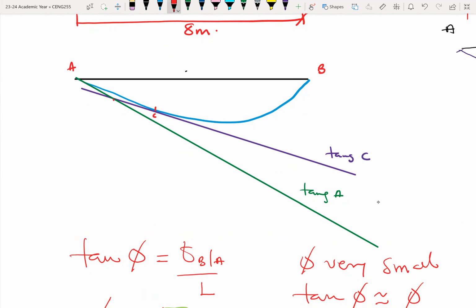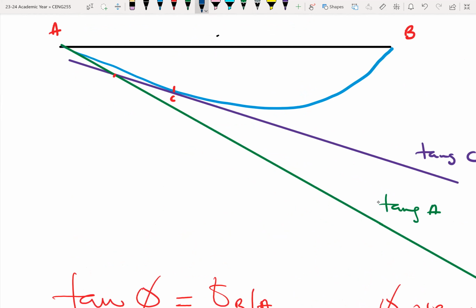So this is the intersection between tangent C and tangent A, which is this angle right here. So this angle will be theta CA. It's the angle between the tangents at C and A.